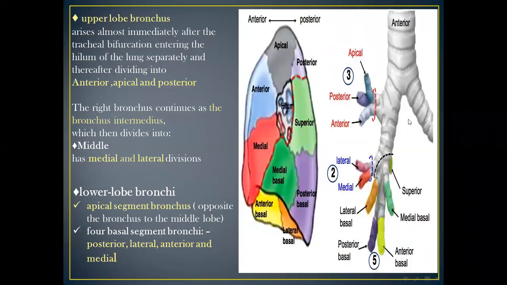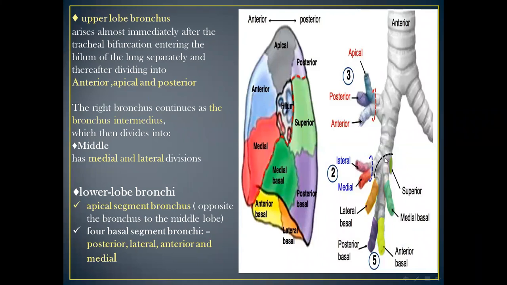This bronchus is divided as it passes into the lung into an upper lobe bronchus and bronchus intermedius. The upper lobe bronchus is further subdivided to supply the bronchopulmonary segments: apical, posterior, and anterior.